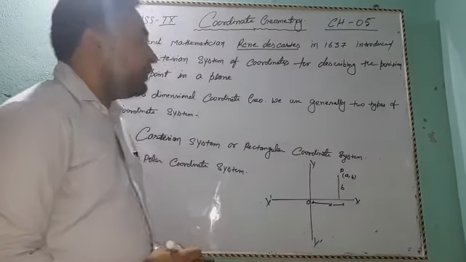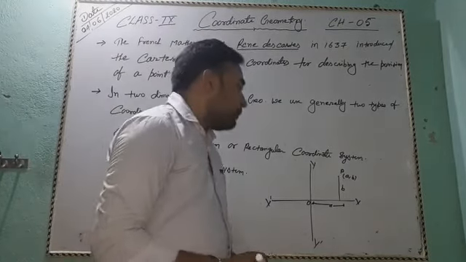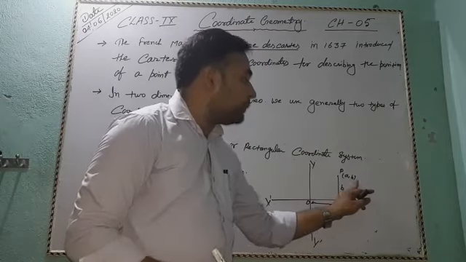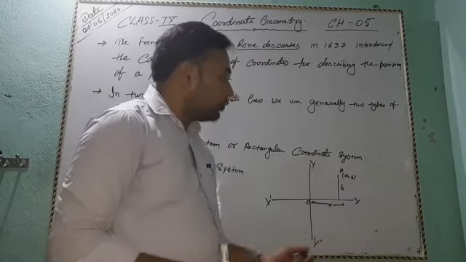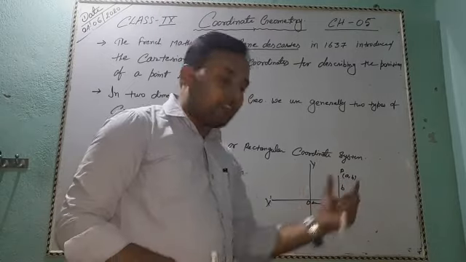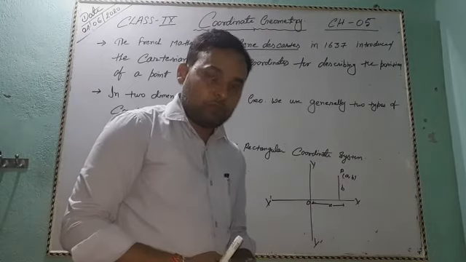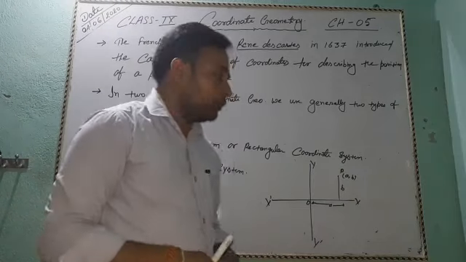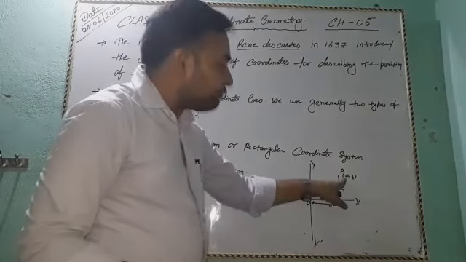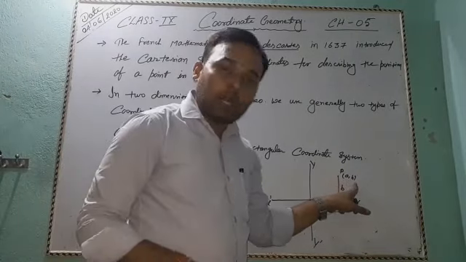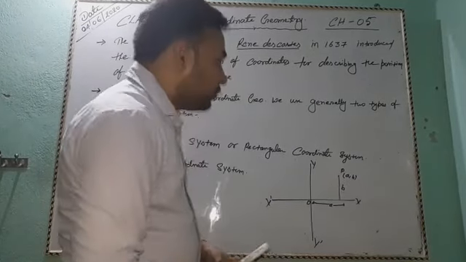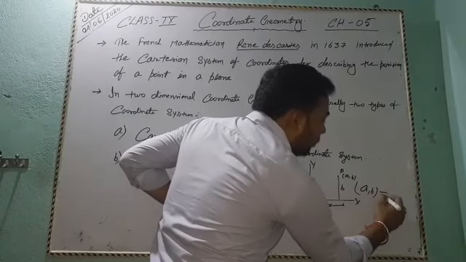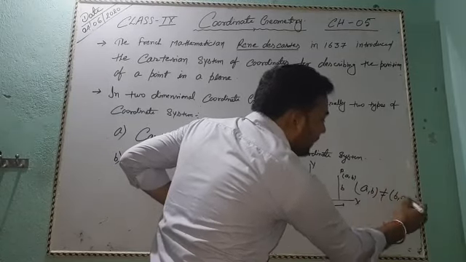So we write the position of the point as (A, B). So (A, B) is the specific order of representing any point. A is the x-coordinate and B is the y-coordinate. So we say that (A, B) is not equal to (B, A).